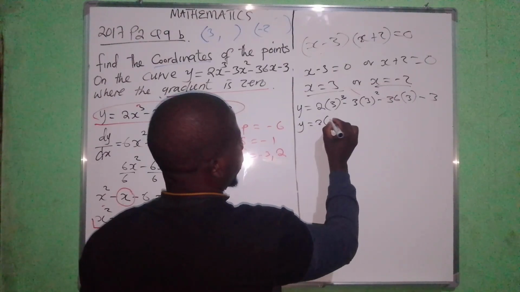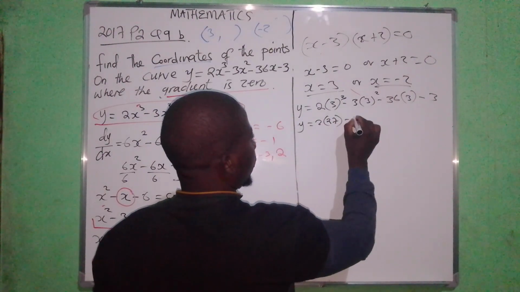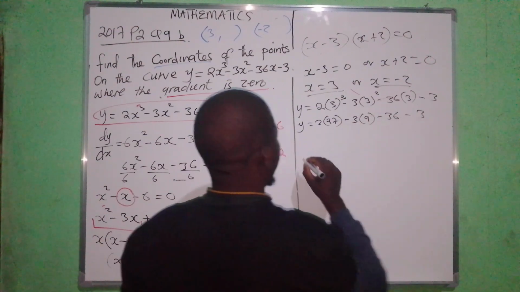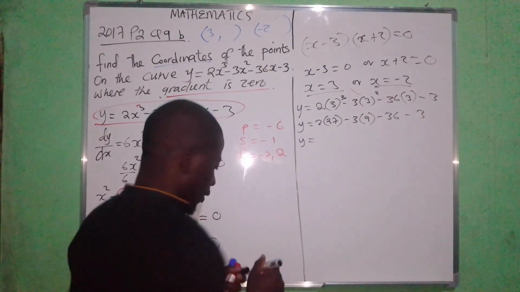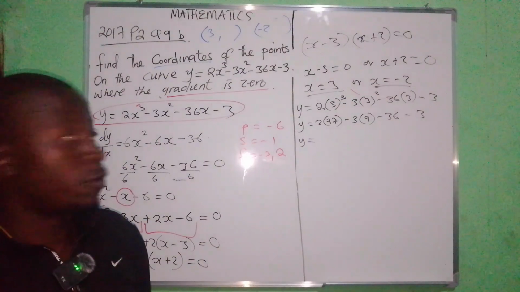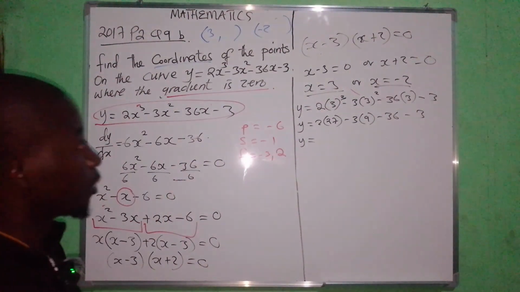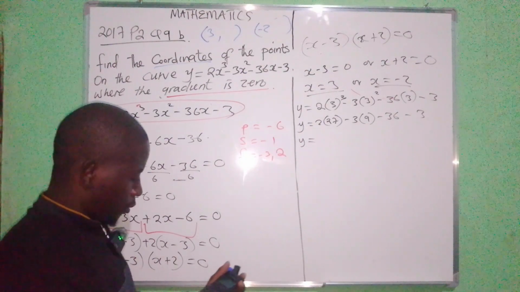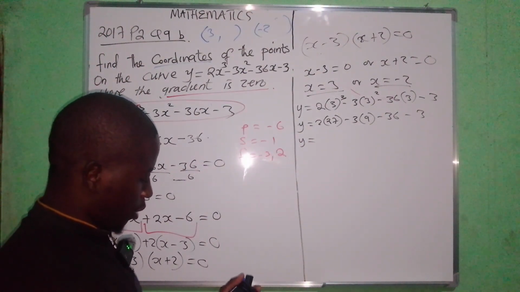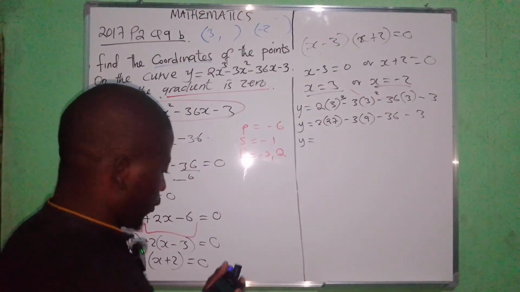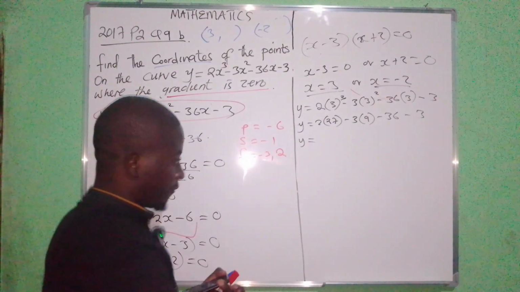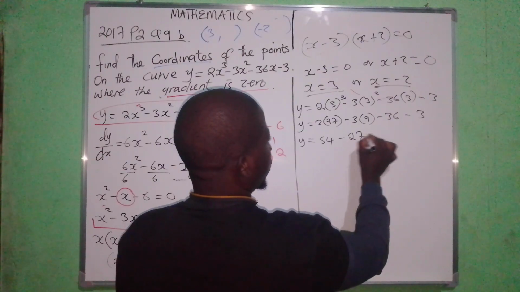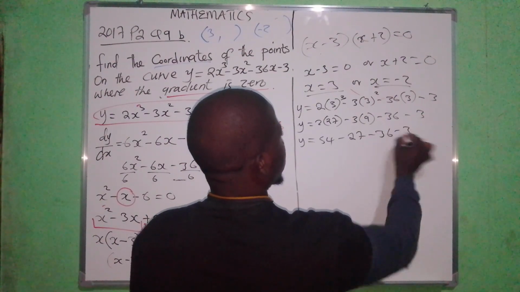We'll say 2 by 27 minus 3 by 9 minus 36 minus 3. We can punch that on the calculator, because this is maths paper 2, meaning you can use a calculator. So we say 2 times 27, which is giving us 54.